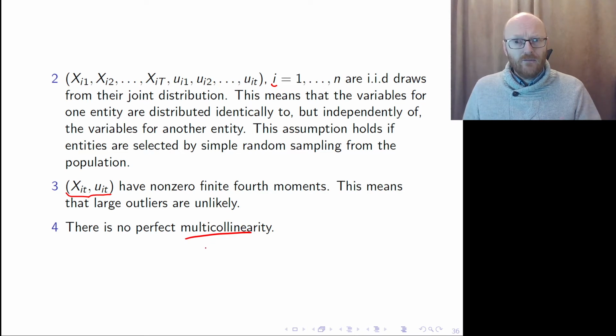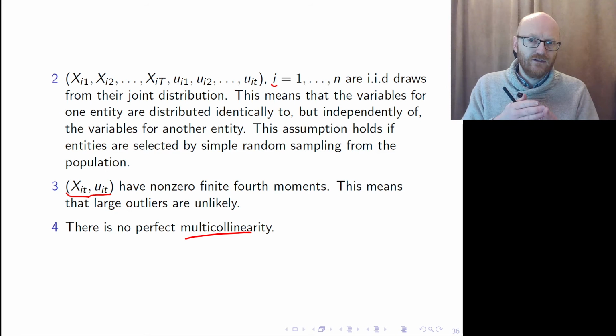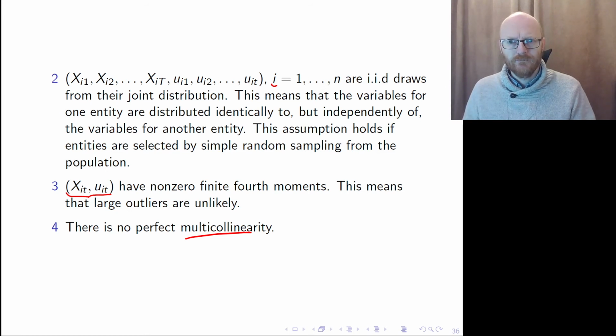So remember from the previous videos that if we make these dummy variables, we always include one less dummy variable than we have entities or time periods. Okay? If we include one dummy variable per entity or per time period, then we would have perfect multicollinearity. We could represent one of the dummy variables by a linear combination of the other dummy variables.